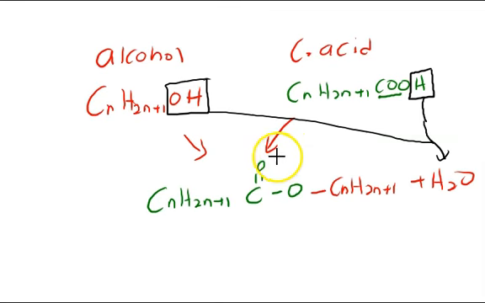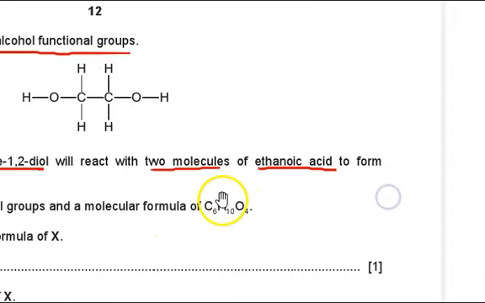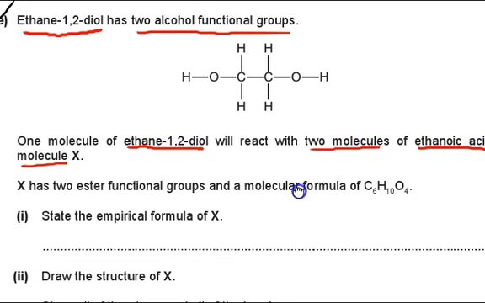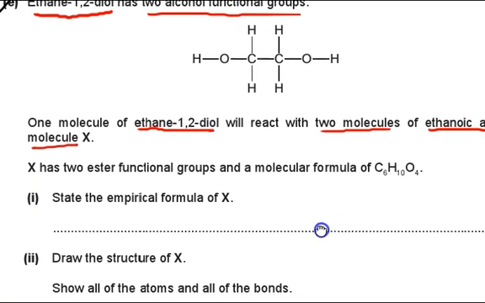So the functional group for ester is this. Okay, this is the functional group. As you can see here, they have two different groups of OH. Before that, we will go through the questions one by one.